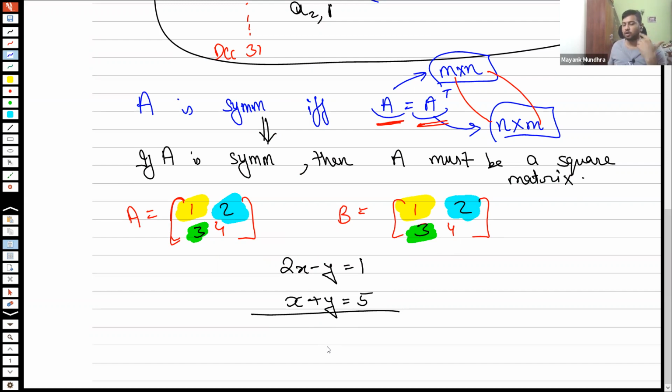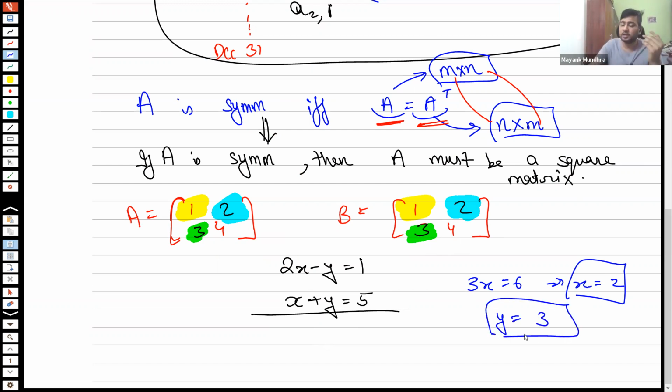If I were to solve this system of equations, it's very easy. I'll add them up. I'll get 3x equals 6, which implies x equals 2. I'll take this x equals 2 and substitute it back in any of the equations. So I'll get y equals 3. So this is the solution. Now, this is very easy to do because it's just two variables.